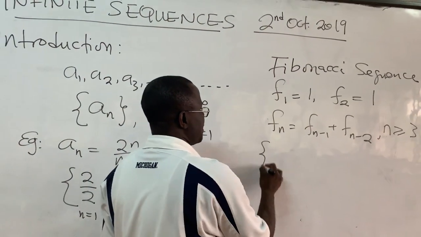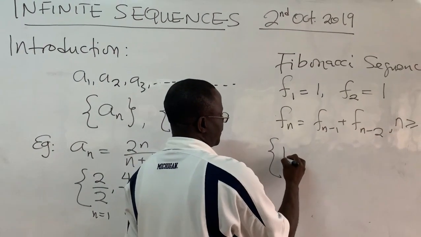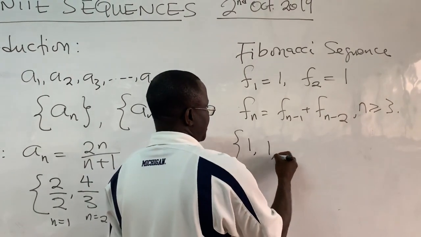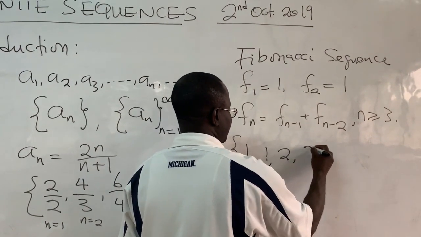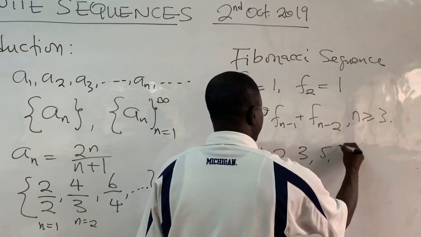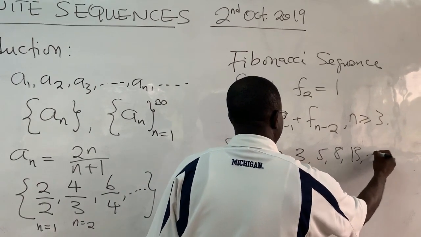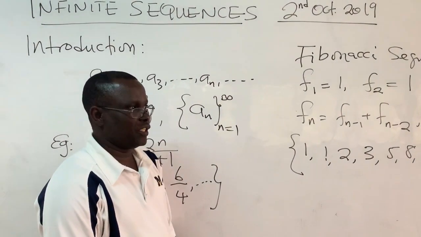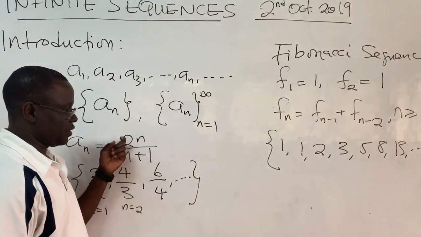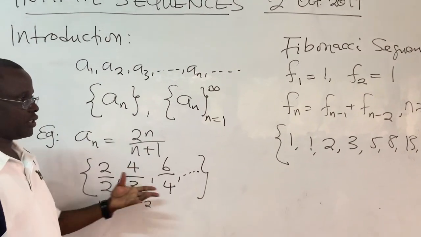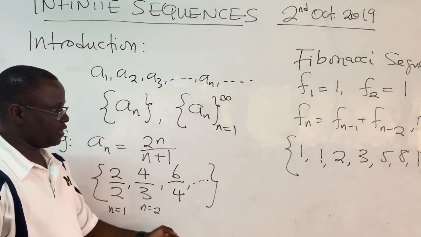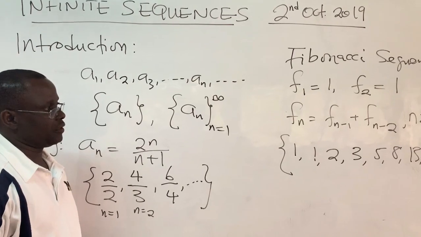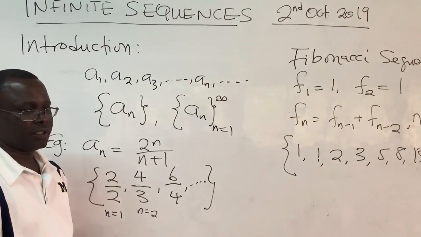So you can list the terms of this sequence as 1 and 1. When n is 3, you add this and that, which gives you 2. This plus that gives you 3, then 5, 8, 13, and so on. These are just simple examples of what sequences are. There are times you have a nice, simple expression that gives you the terms of the sequence. Other times you have a recurrence relation, like the Fibonacci sequence.